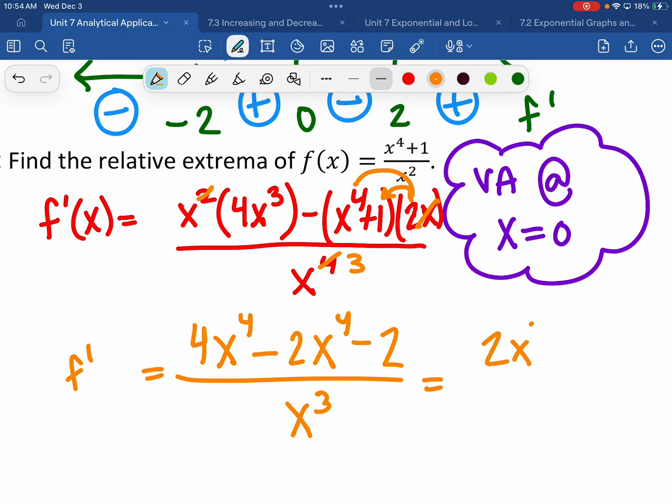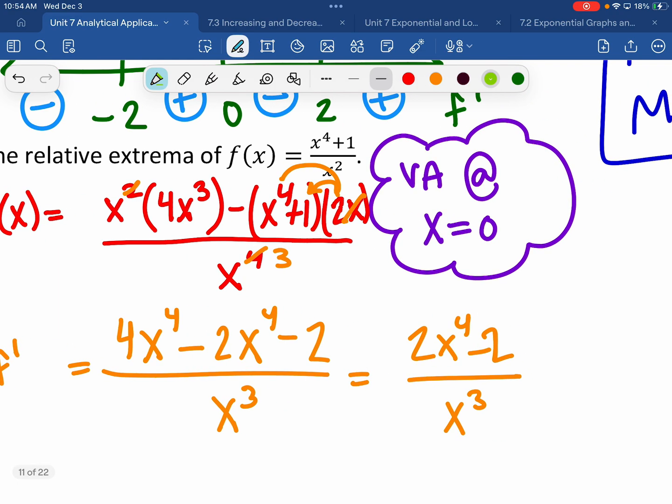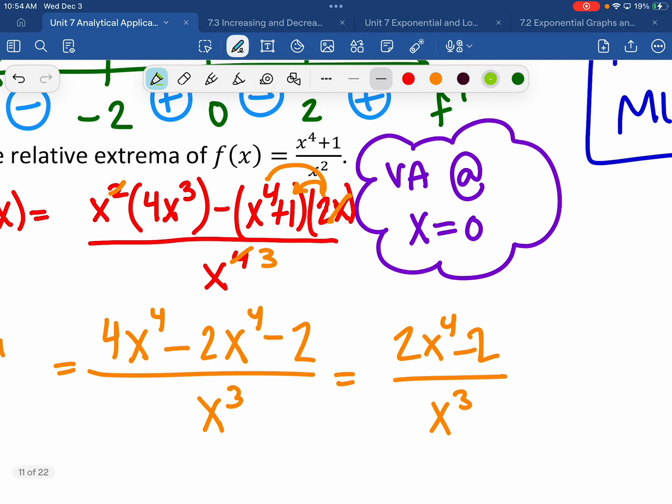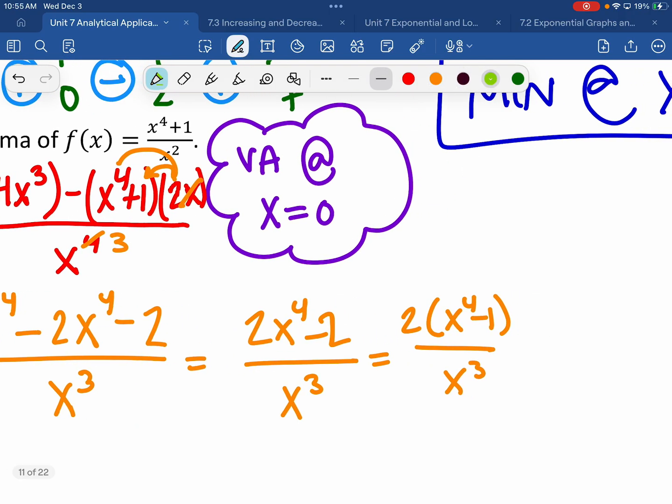Which is just 2x to the fourth minus 2 over x cubed. And I can even take this a little farther and take a 2 out and go x to the fourth minus 1. Which will help me with my critical numbers.